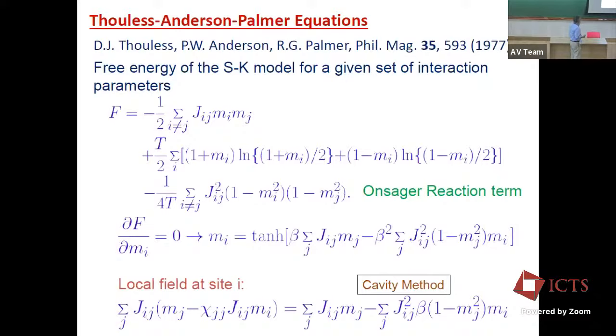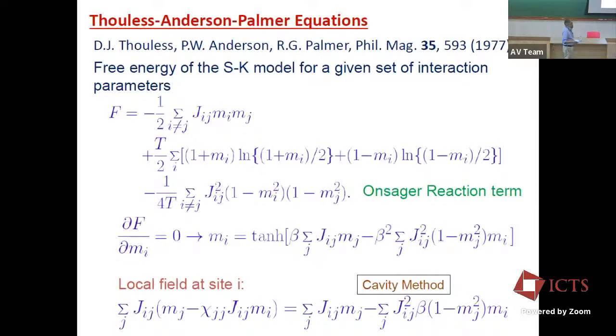All the methods that people use in ordinary critical phenomena have been tried in this context, because after you replicate, it's just like a standard spin problem. You don't have any disorder in the interactions anymore. You have sigma i alpha, sigma j alpha, where alpha is a new index, the replica index, that you have to take care of. But then one can do all the other methods.